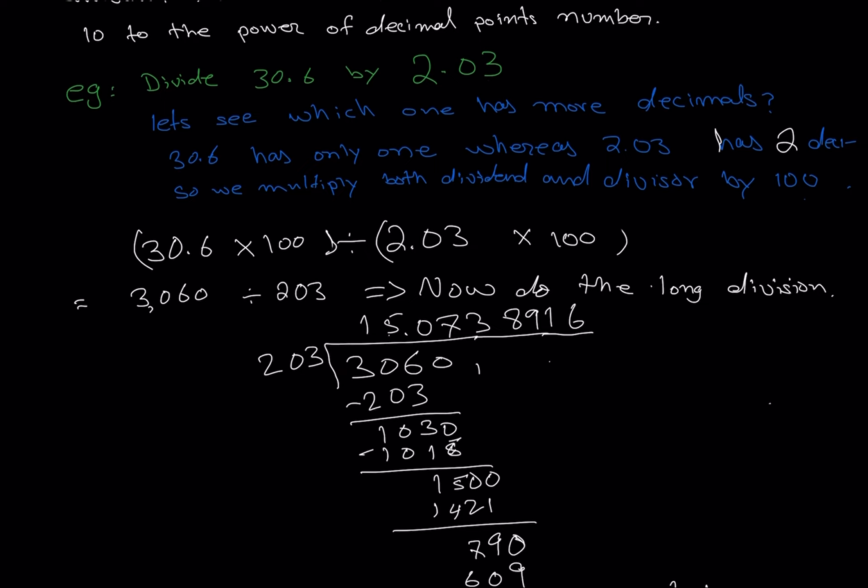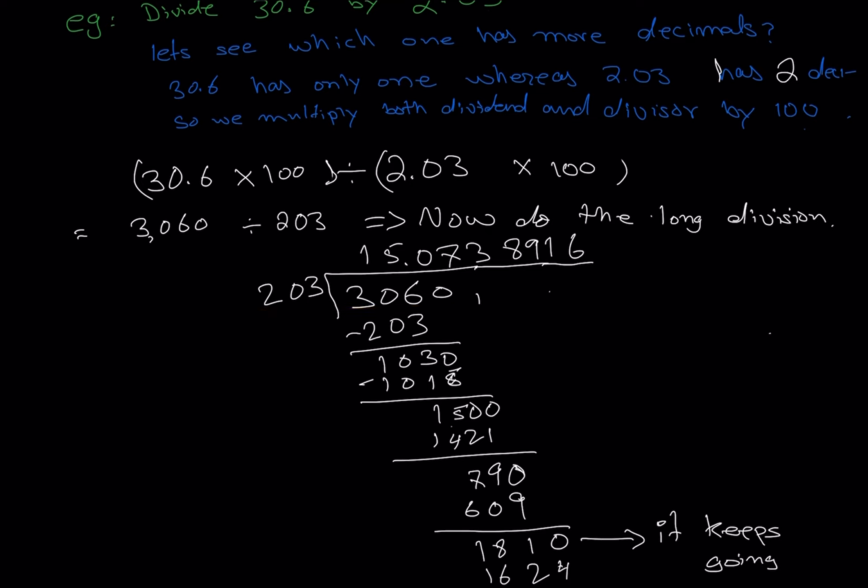So we'll get 5 times 3 is 15, 5 times 0 is 0, 5 times 2 is 10. So 1030 minus 1015 will give you 15. Then you bring that, you don't have any 0 left, so you put a decimal point right there, and then you add a 0.